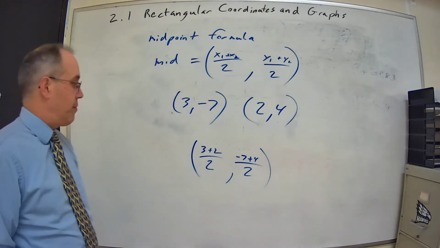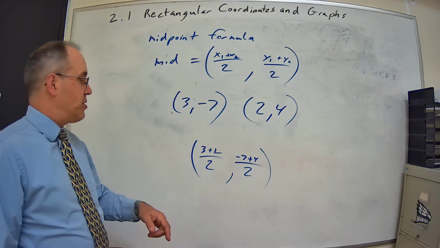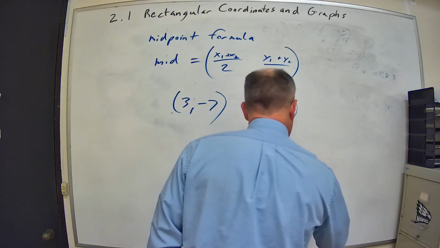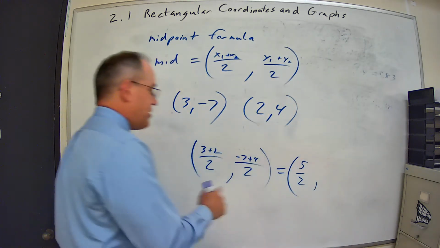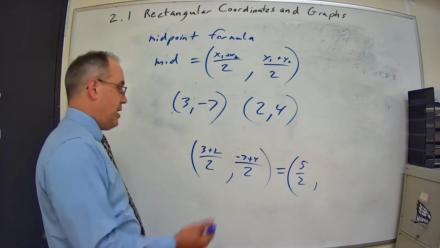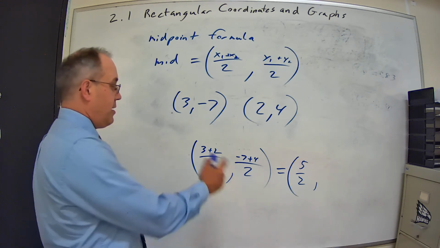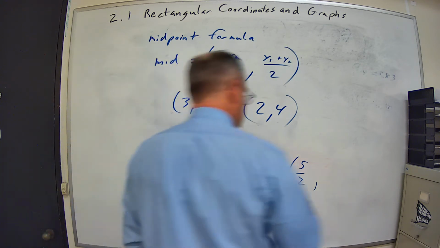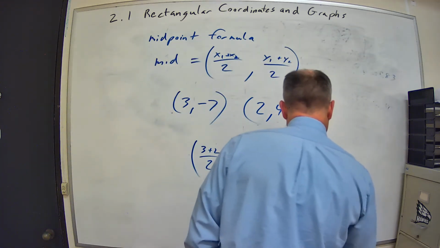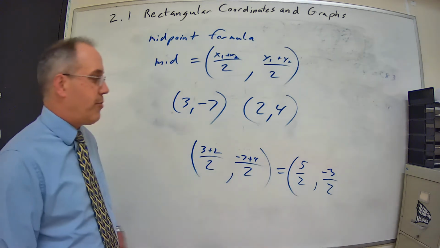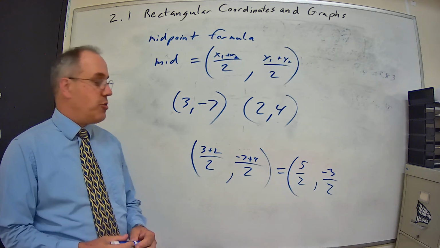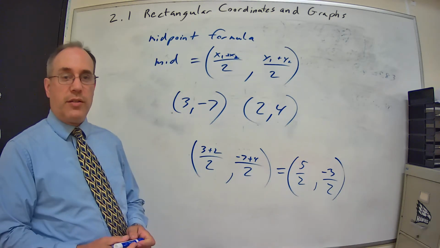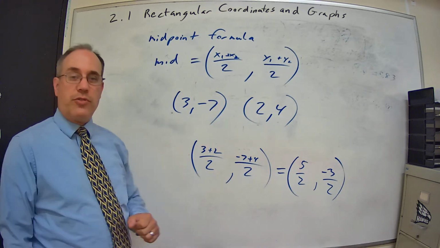We're just averaging. 3 plus 2 is 5, so 5 halves. -7 plus 4, careful about that, is -3. So -3 over 2, or -3 halves. So that will give us our midpoint between those 2 points.